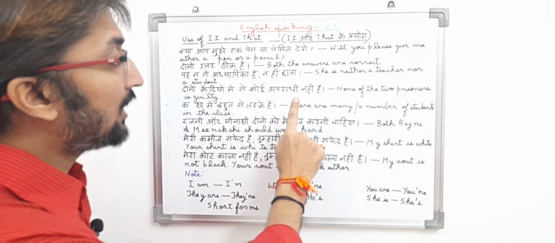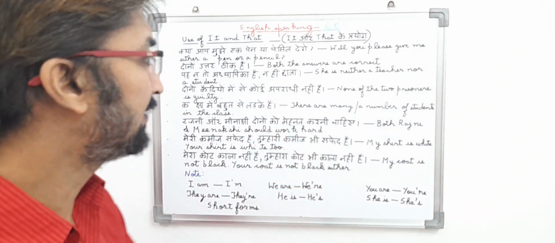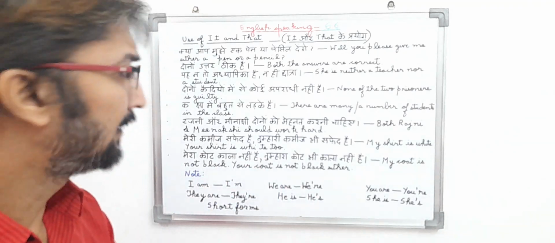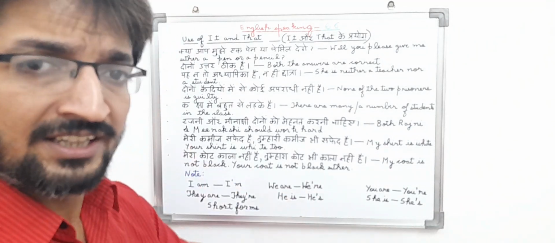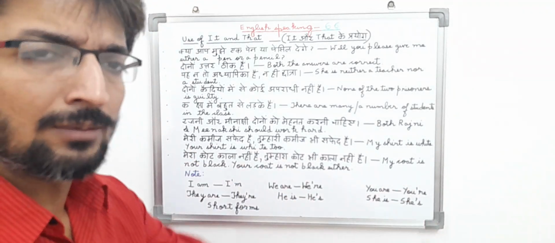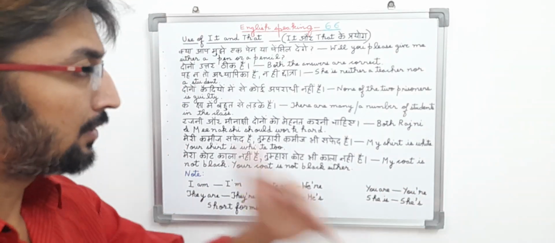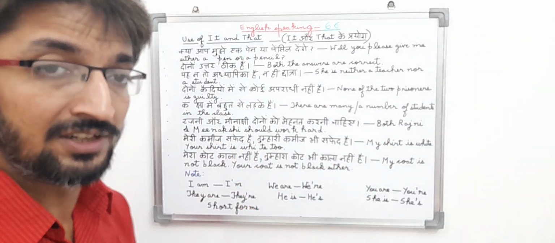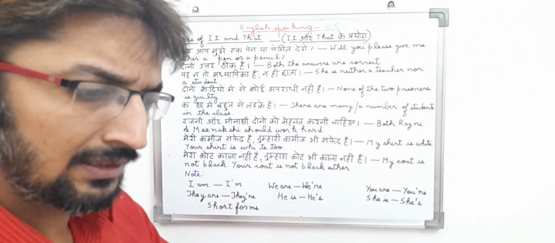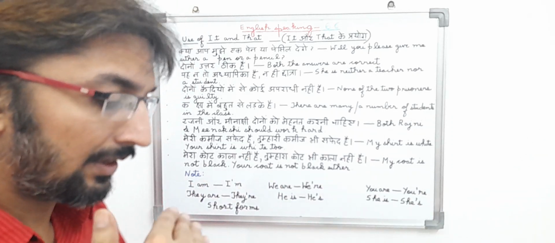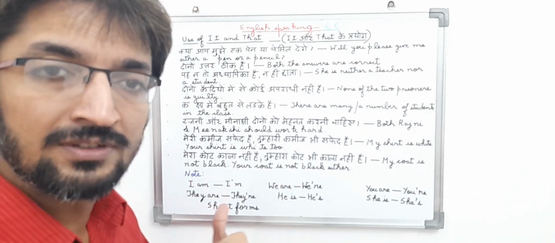दोनों कैदियों में से कोई अपराधी नहीं है. So in English it means none of the two prisoners is guilty. The sentence basically means जो दो कैदी हैं उनमें से कोई भी अपराधी नहीं है, मतलब कोई भी गिल्टी नहीं है, क्रिमिनल नहीं है. So in English it means none of the two prisoners is guilty. So friends, basically it is a confirmation sentence and it is a negative type sentence, because they are basically mentioning that no prisoner is guilty.